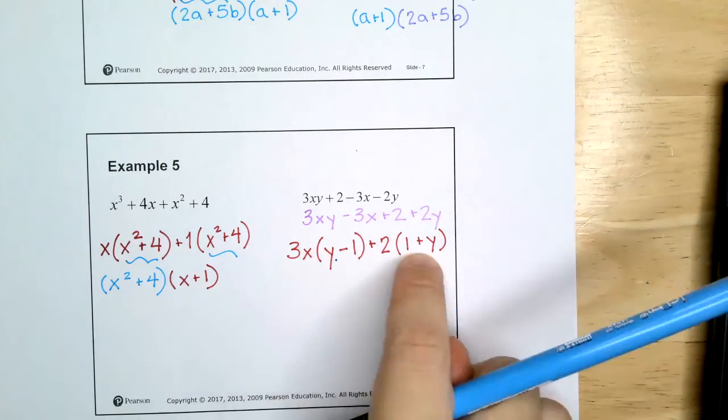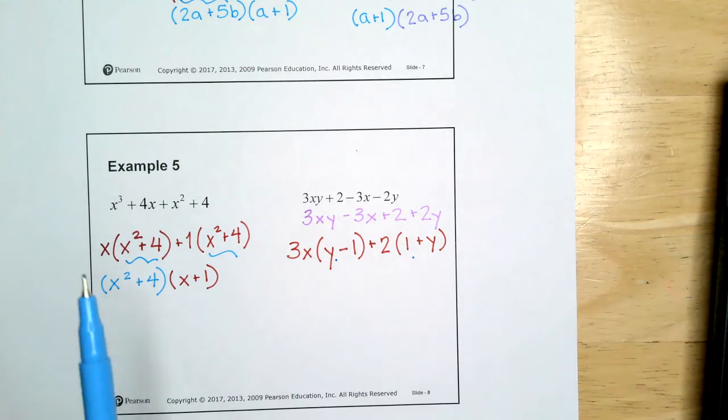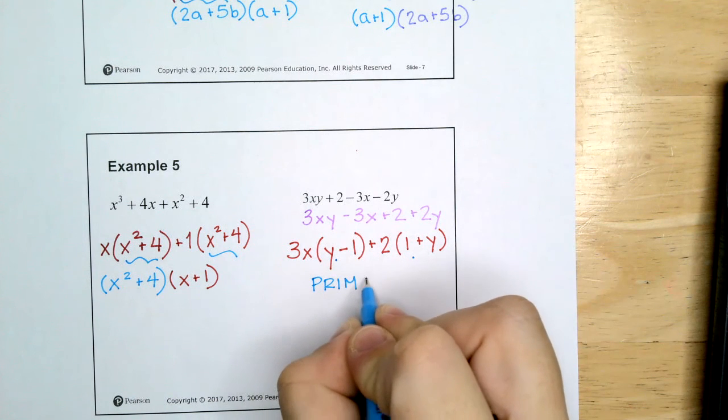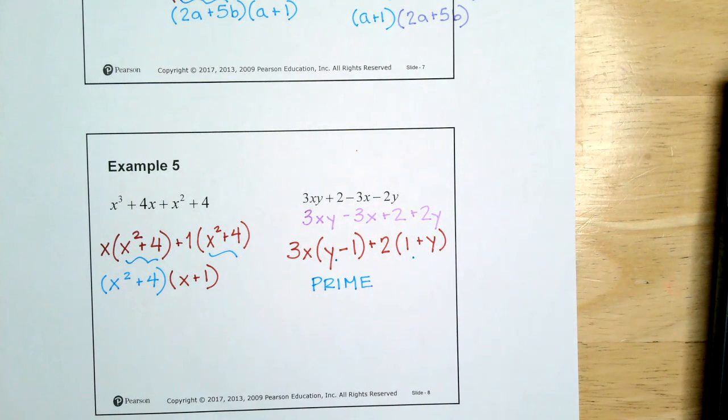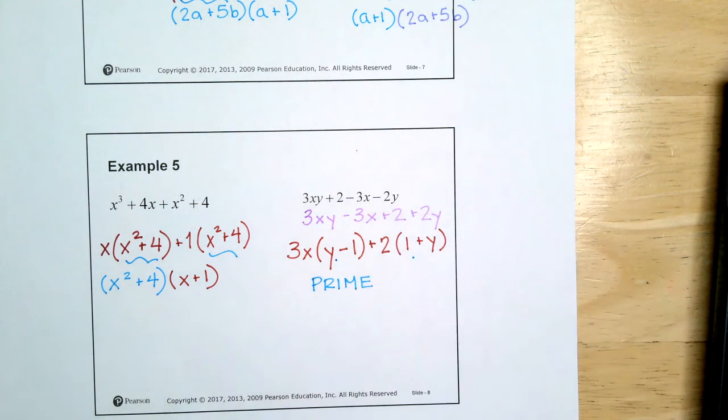So if you cannot find anything in common, even a binomial, we call it prime, just like we were calling the number 3 prime, because you can only divide it by itself and 1. It is prime. And that was our last example.